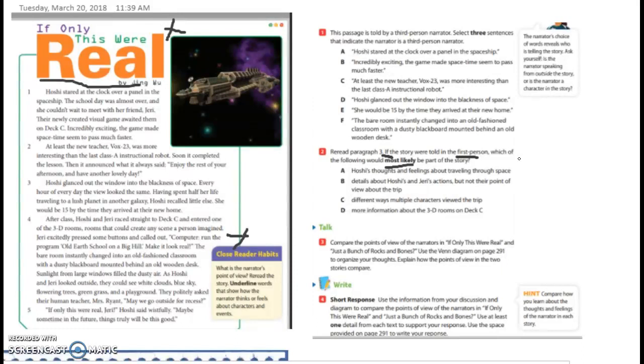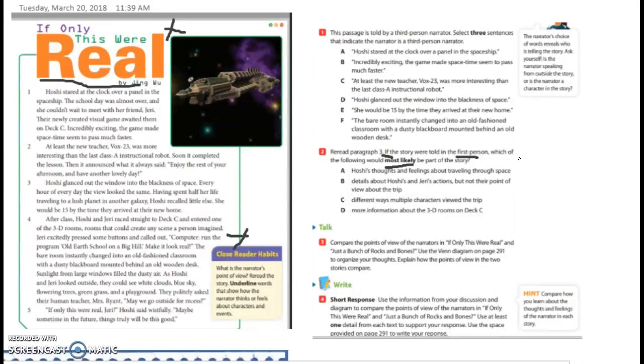Jerry excitedly pressed the buttons and called out, "Computer, run the program! Old Earth School on a big hill! Make it look real!" The bare room instantly changed into an old-fashioned classroom with a dusty blackboard mounted behind an old wooden desk. Sunlight from large windows filled the dusty air.